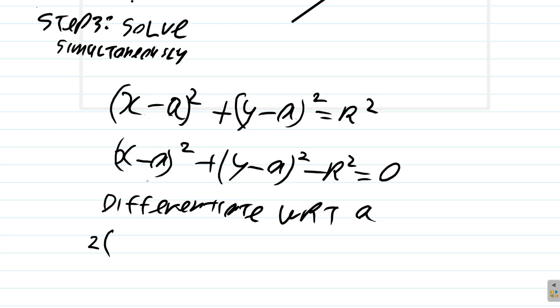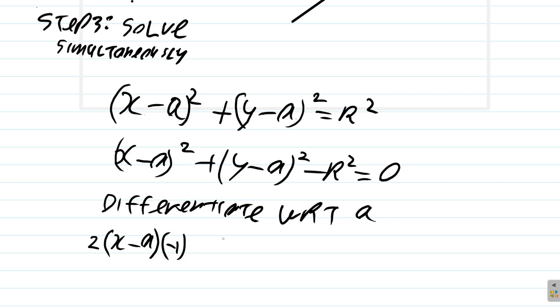So with this one, you can do it mentally. But this is 2 times the inside function, which is x minus a to the power of 2 minus 1, which would be to the power of 1, but you don't need to write it there. And then find the derivative of the inside function, x minus a with respect to a, will be what? Negative 1. See that?